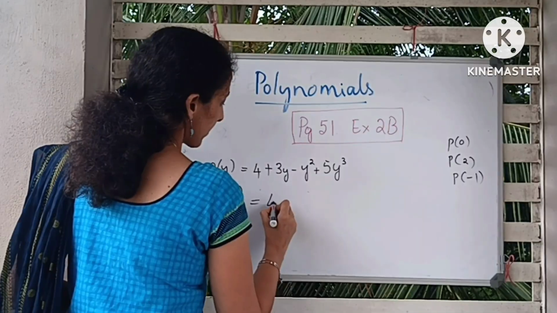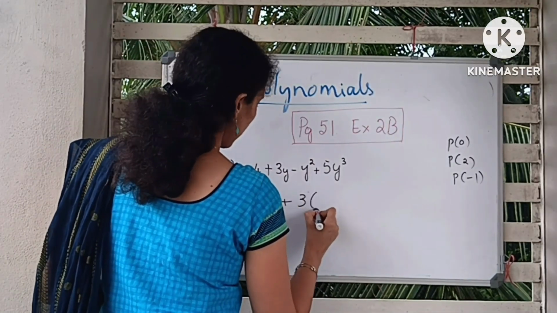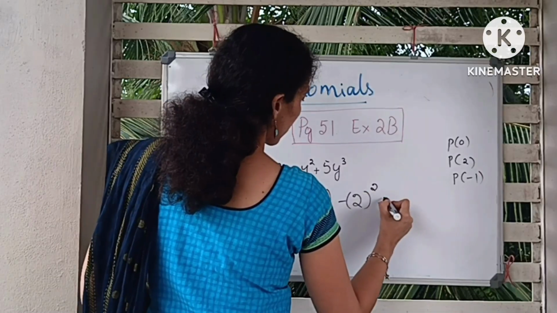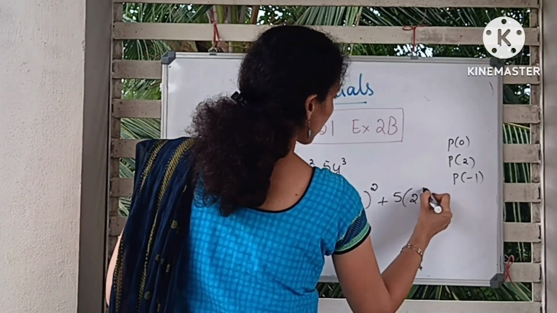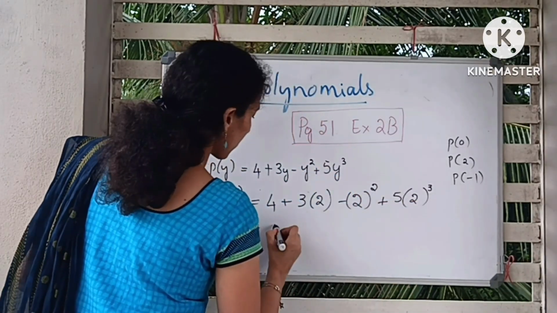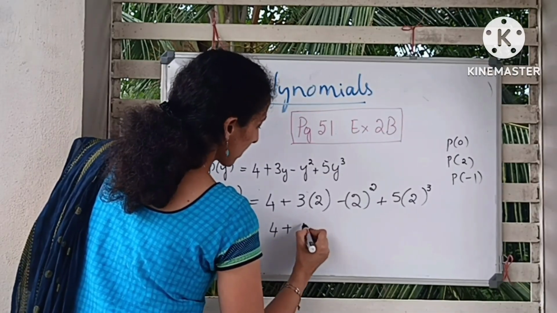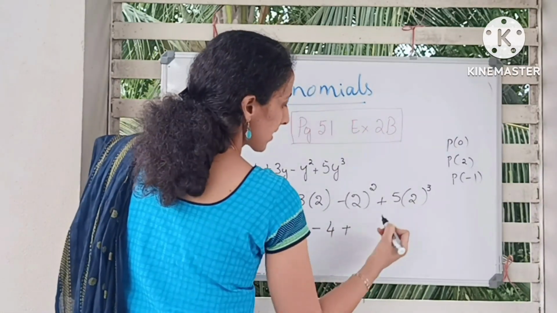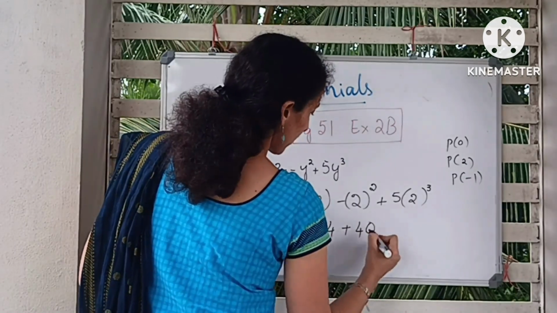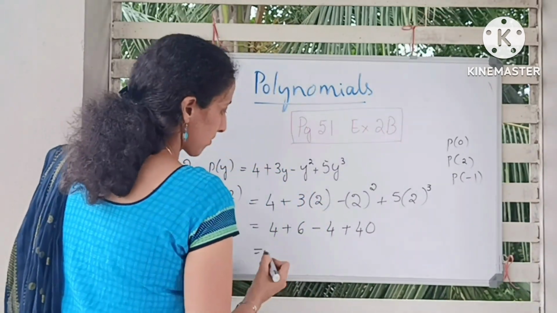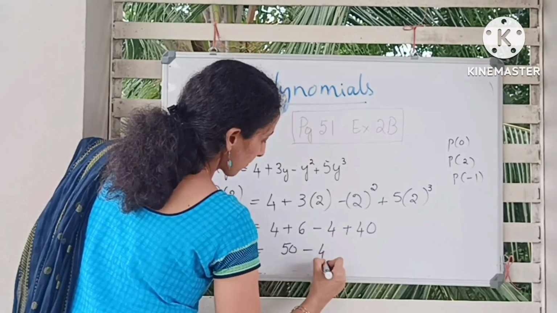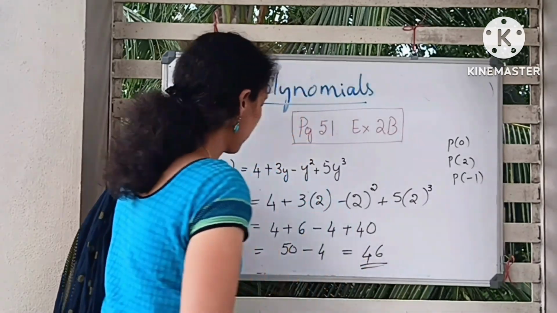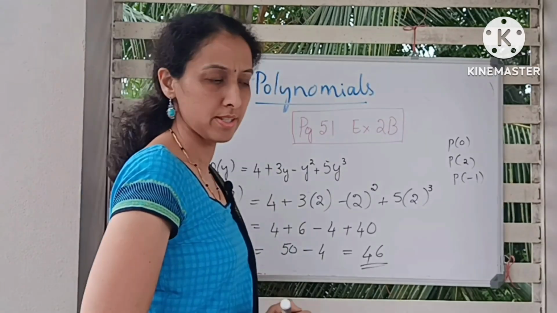Again, wherever we see y, we replace it with 2: 4 plus 3 into 2 minus 2 square plus 5 into 2 cube. This is equal to 4 plus 6 minus 4 plus 8 into 5, 40. This is equal to 50 minus 4, that is equal to 46. So P of 2 is 46.